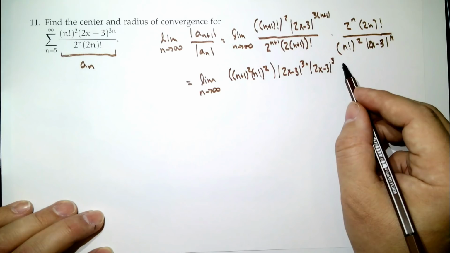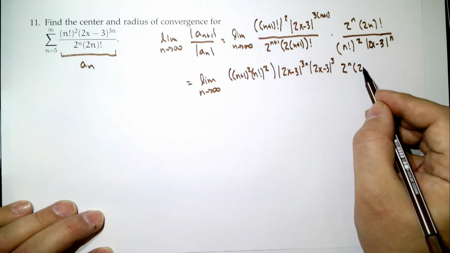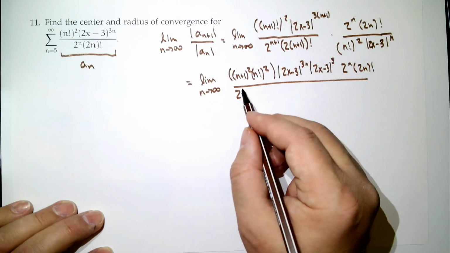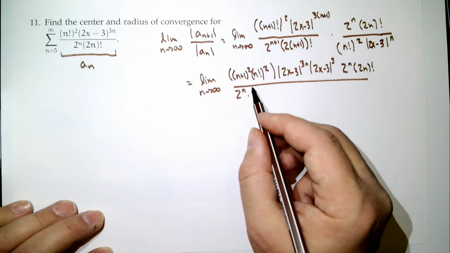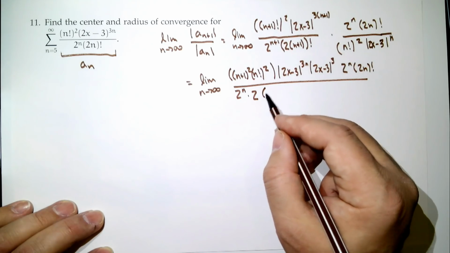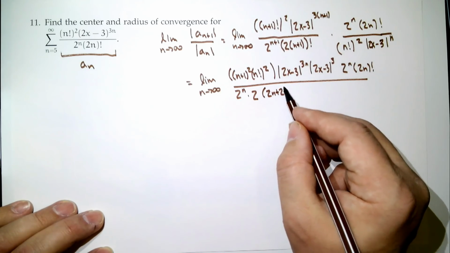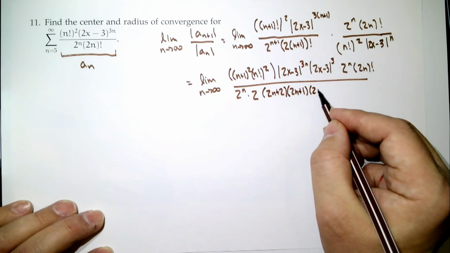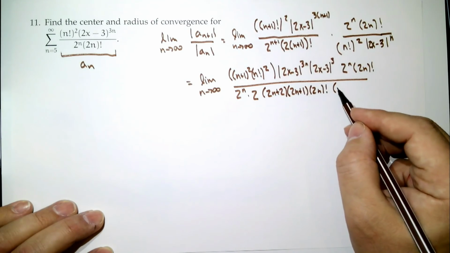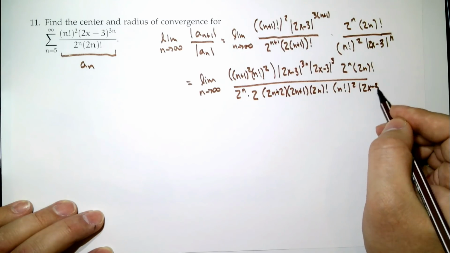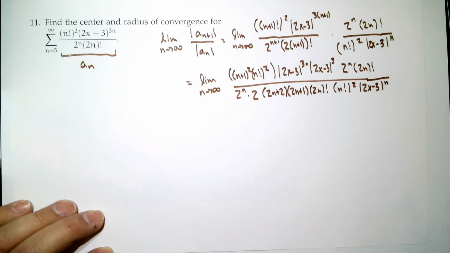Then I'm going to have 2 to the n and 2n factorial. Downstairs, 2 to the n, 2, because again, 2 to the n plus 1 becomes 2 to the n times 2. Here I'm going to pull off the first 2 terms off the factorial, so 2n plus 2, 2n plus 1, 2n factorial. Then n factorial squared, absolute value of 2x minus 3 to the n.